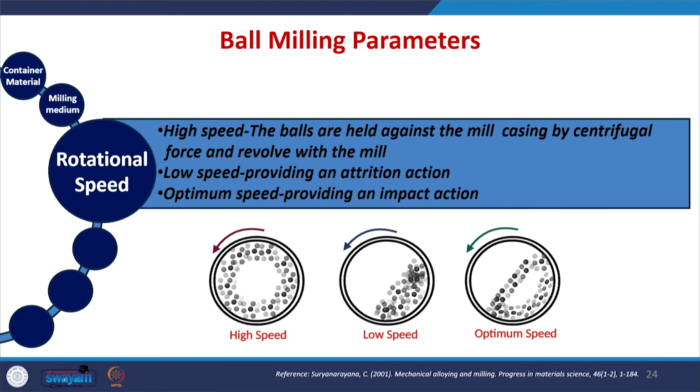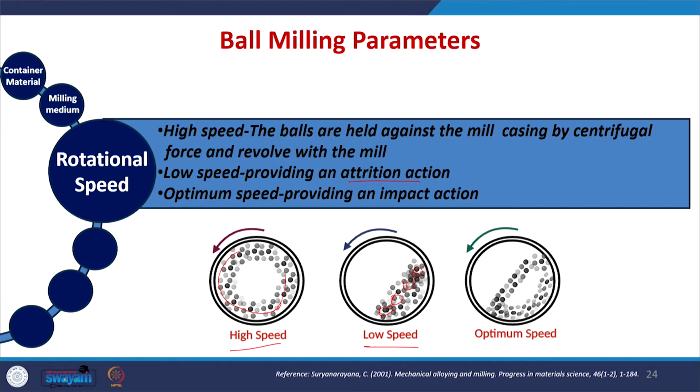If you are using a high speed, as I told earlier, the balls will be held against the milling container wall due to the high centrifugal force and revolve with the mill. In this case the grinding efficiency will be less. In the case of low speed, attrition action will be more, that means the balls will be rubbing each other.